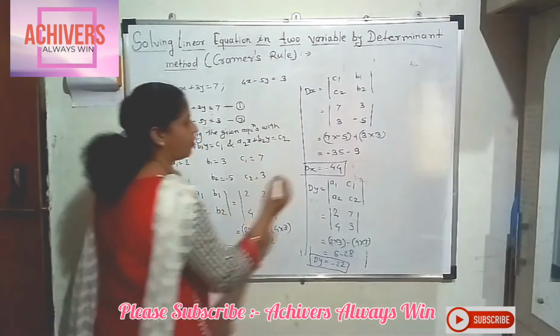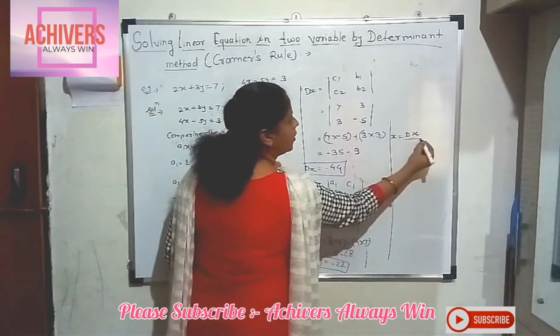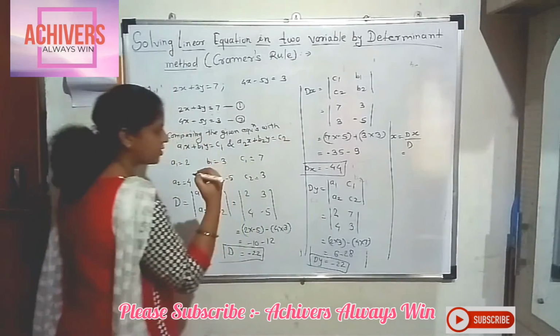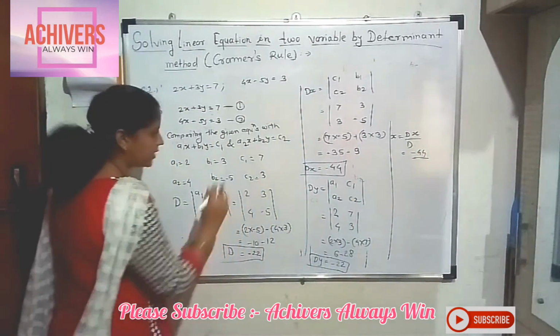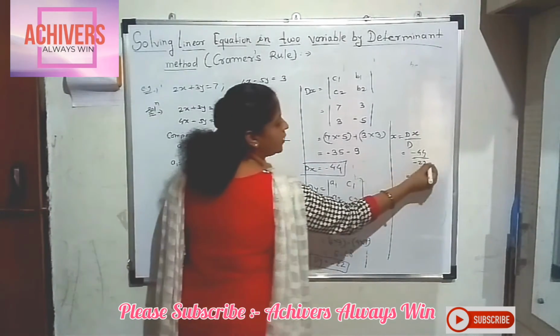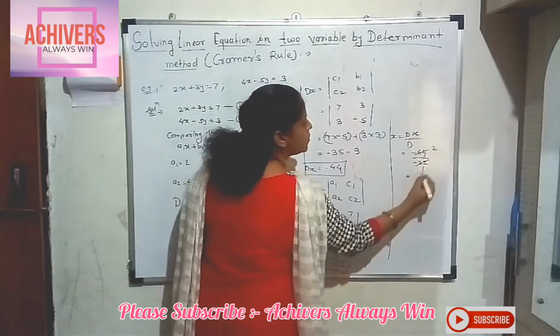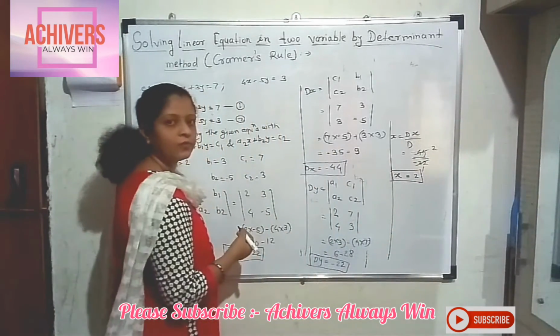Again we use the formula. X is equal to dx upon D. Then dx how much? Minus 44. And D is minus 22. And minus minus division gives plus. 22 ones are 22, 22 twos are 44. X is equal to 2. Then find the value for y.